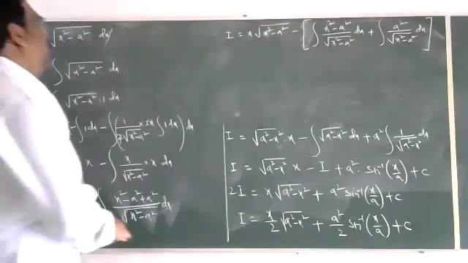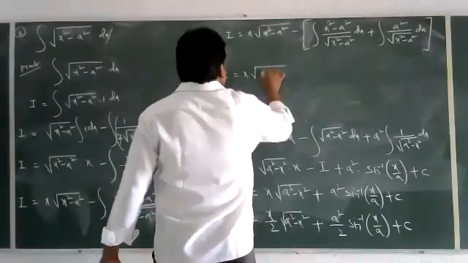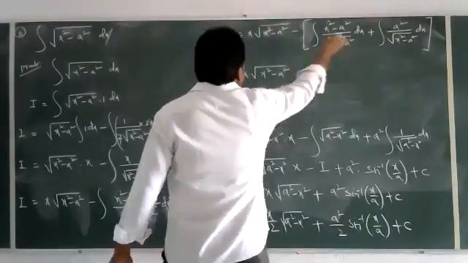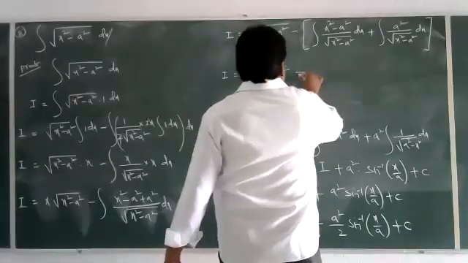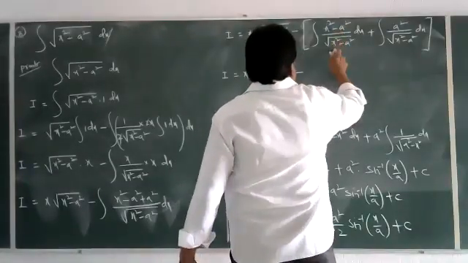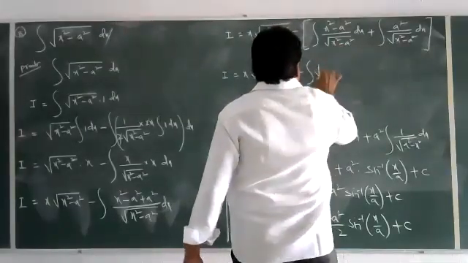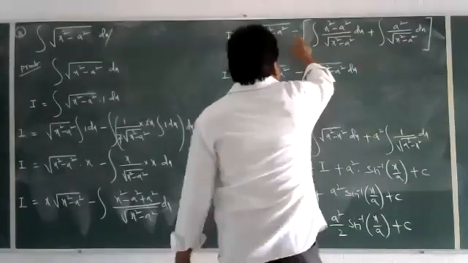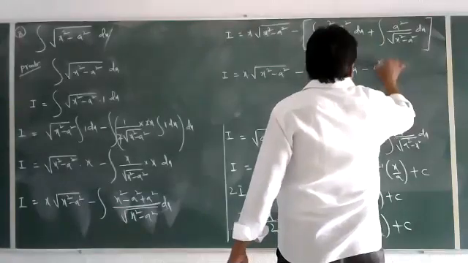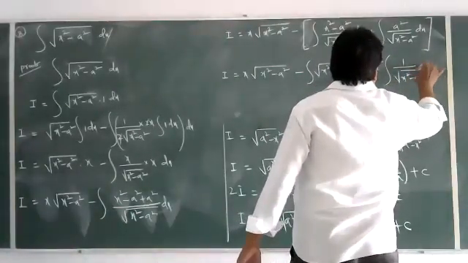Multiply the minus into the bracket, that is minus into, this is x square minus a square by root x square minus a square, which is root of x square minus a square, integral root of x square minus a square dx. Here minus into plus is minus, a square into integral 1 by root of x square minus a square dx.